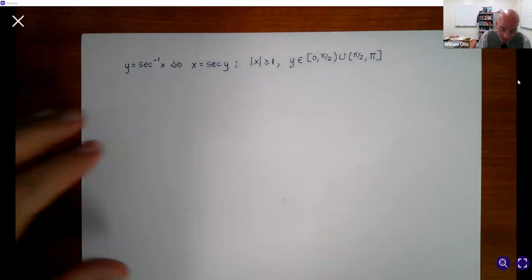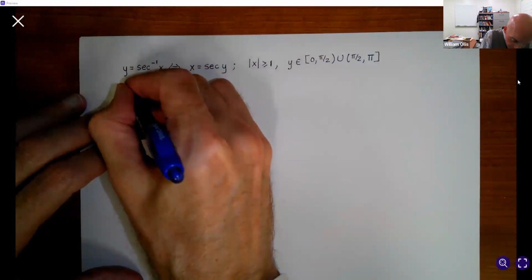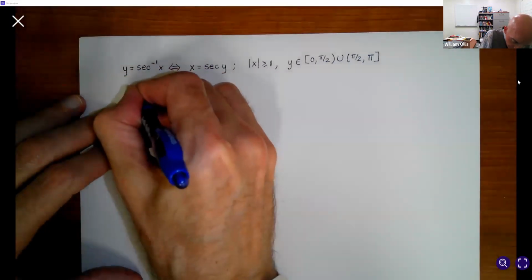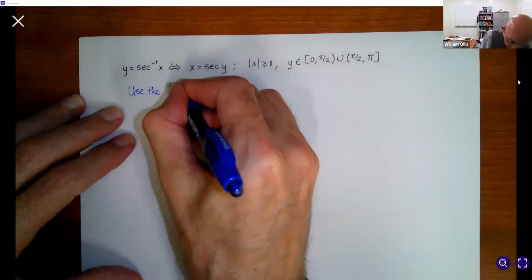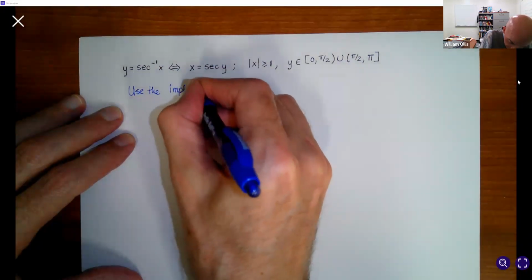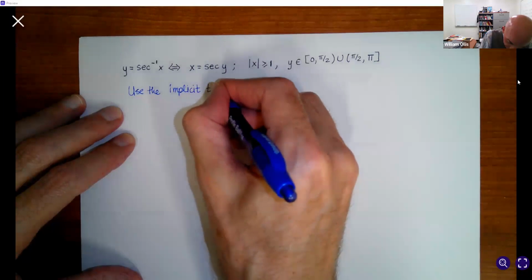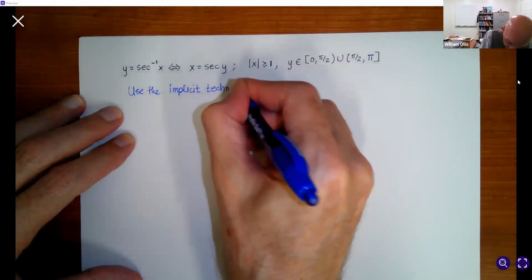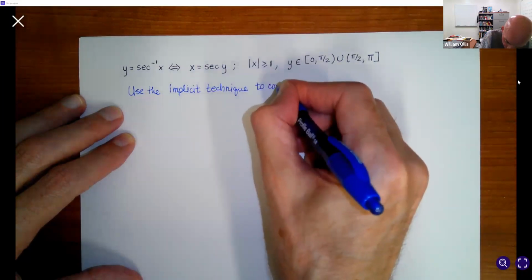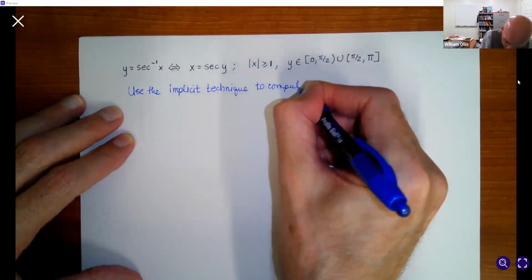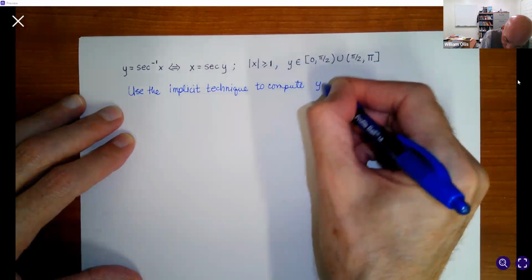So let me just write down here: use the implicit technique to compute y prime.